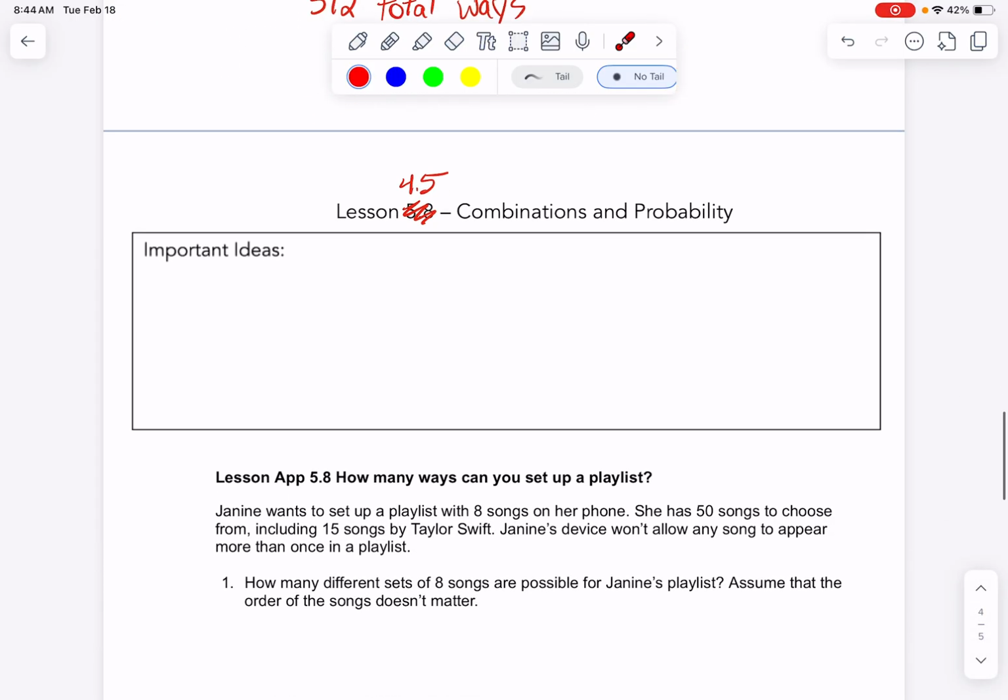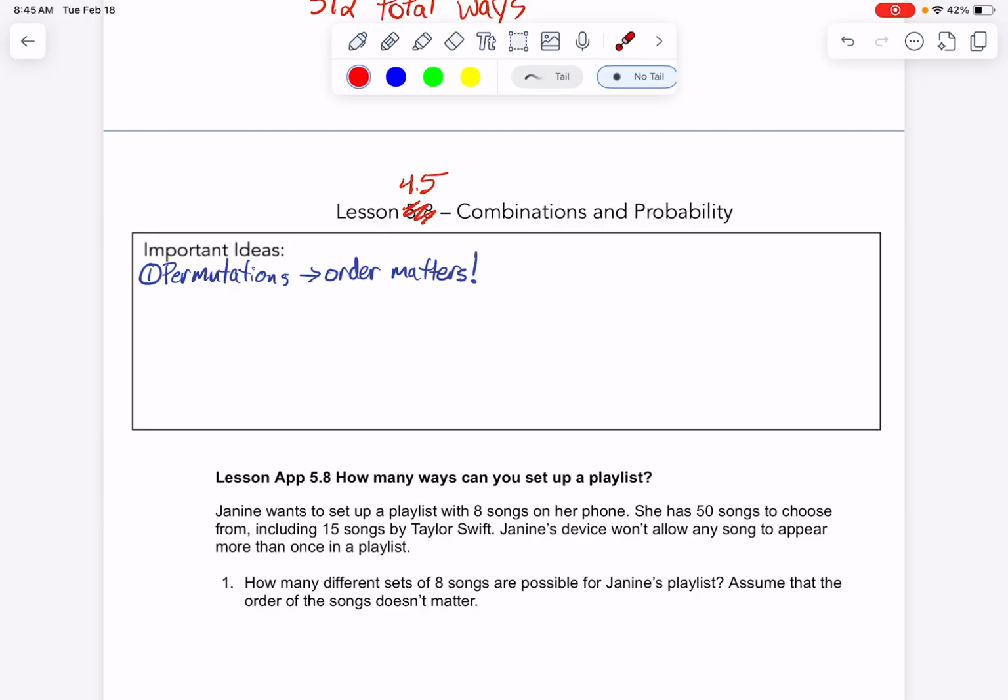All right, let's take our notes here. Let's just remind ourselves of the permutations. Permutations are where the order does matter. So this was like, mustard, onion, ketchup is different than mustard, ketchup, onion.